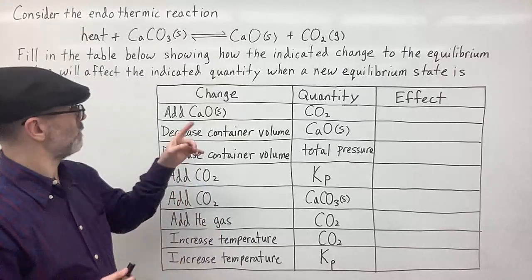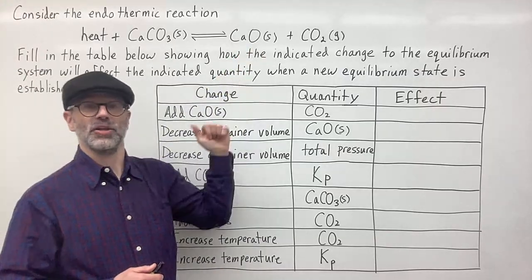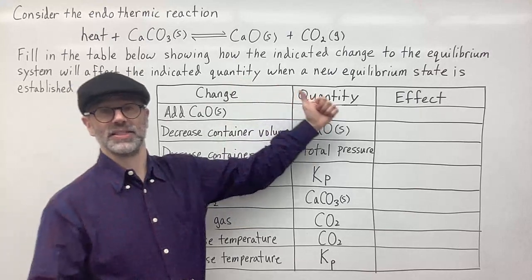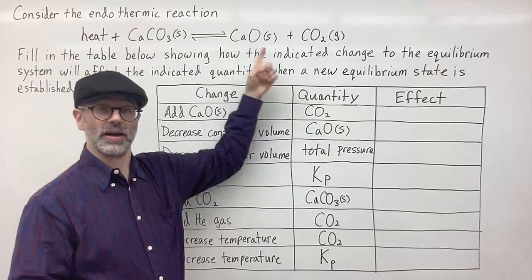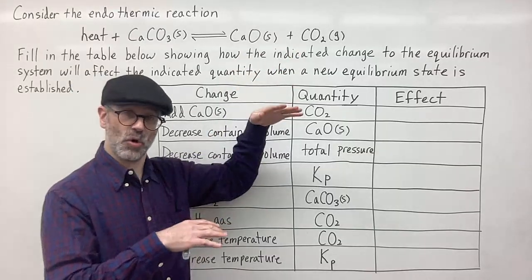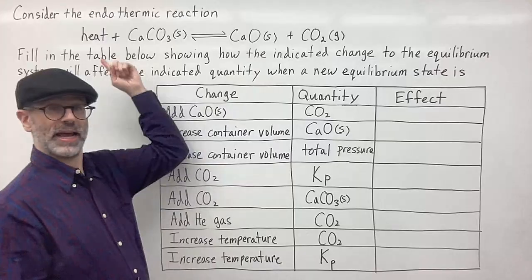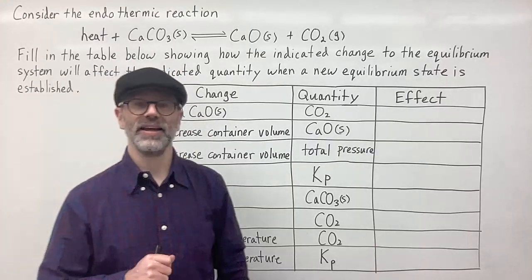So if I'm going to add CaO and that's a product, you might think, oh, well, that means it's going to shift in this direction to get rid of the product, kind of lower that product because I added some, so it wants to lower it and create more reactant. And that would be okay.